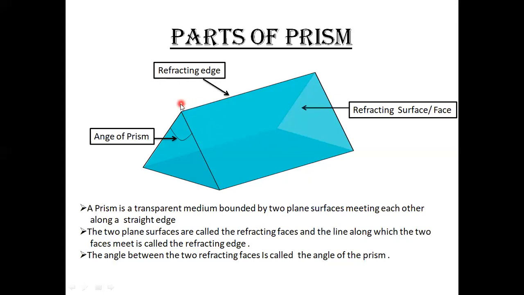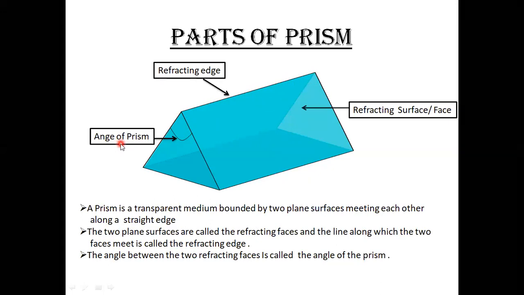You have another refracting surface at the back side, and this particular line, which is termed as the refracting edge, joins these two opposite facing refracting surfaces. Here we have the angle of prism, and this is a very important parameter. You will see in the later case that while deriving the refractive index, you will actually require this angle of prism value, and there are numericals related to this angle of prism value.